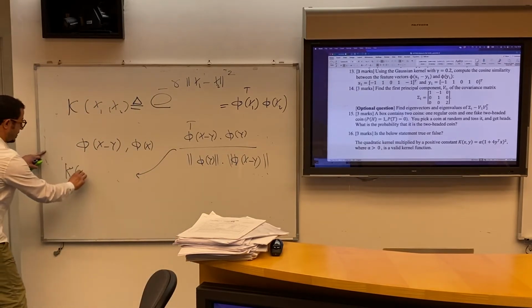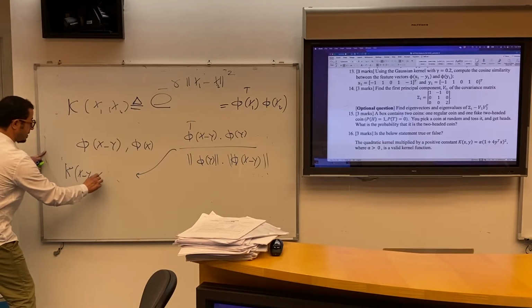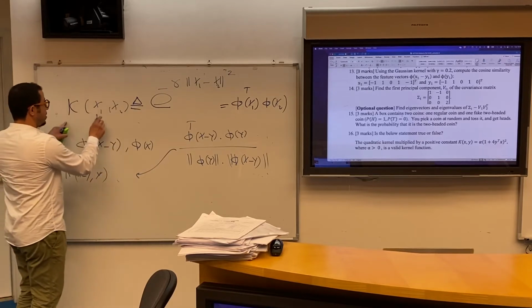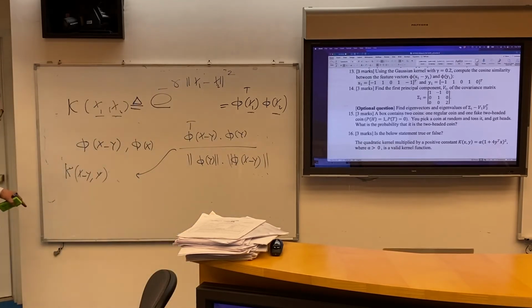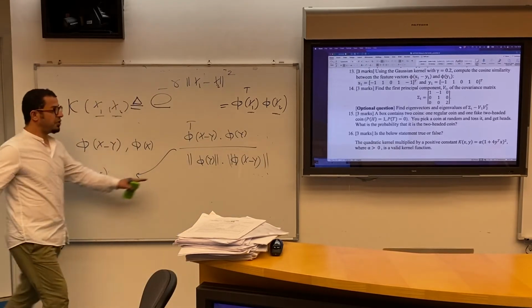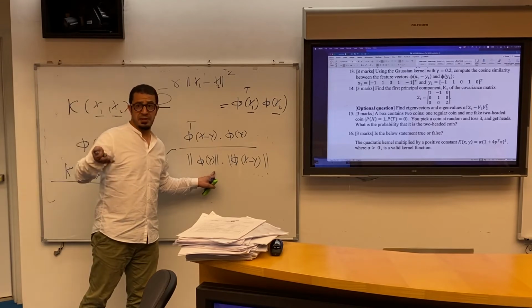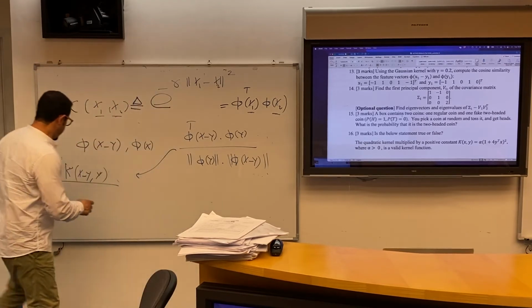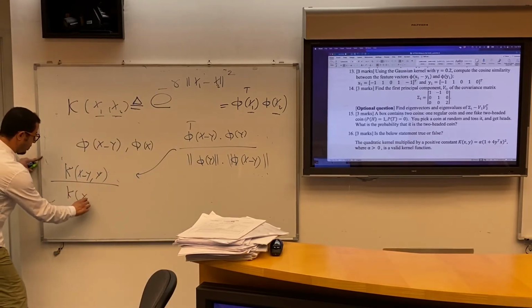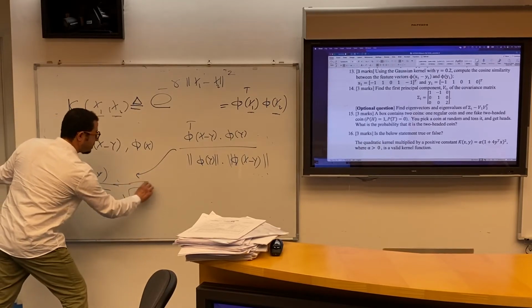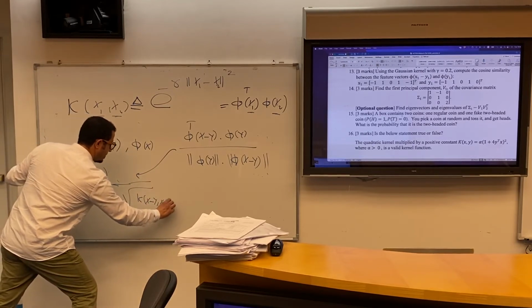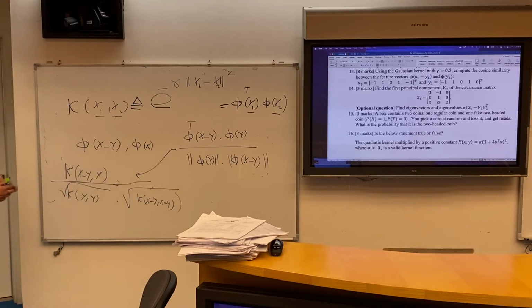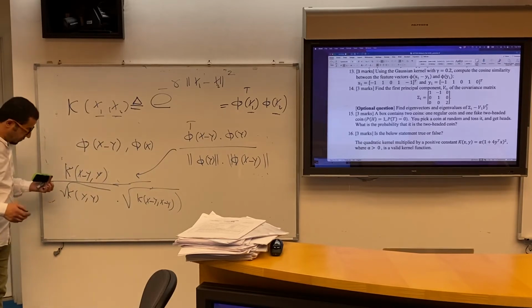It is kernel of x minus 1 and y, right? Divided by, what is the norm here? The norm means times itself, right? So it will be kernel y, y, times the second one, kernel of x minus y and x minus y. Clear? So now we can do the calculations.